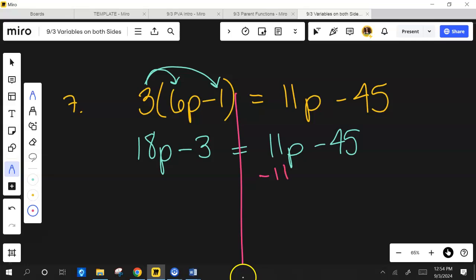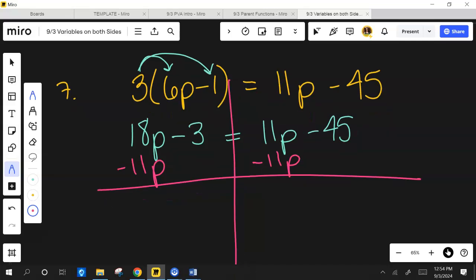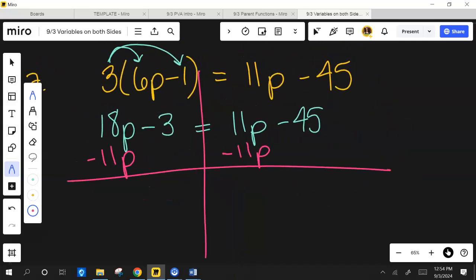So if I move 11, look at the left side. Max, how many P's do I have left on the left side? 18p minus 11p. 7 p's, right? 18 minus 11?